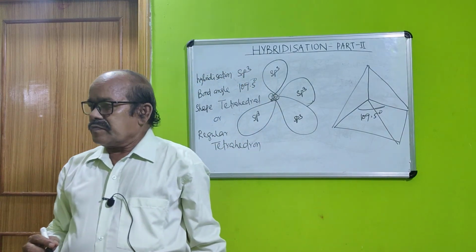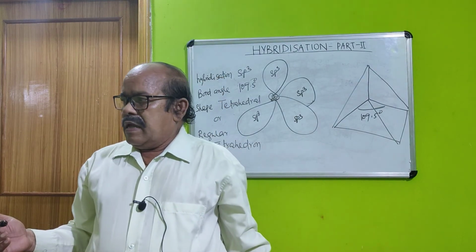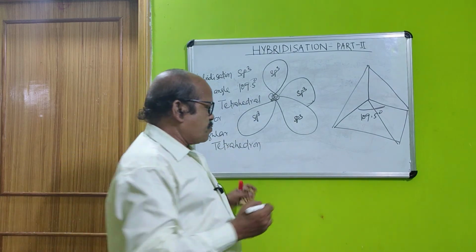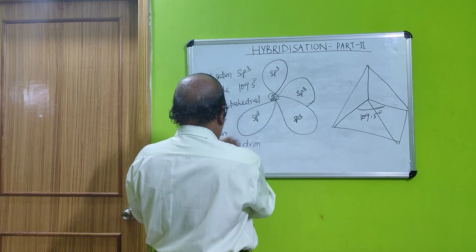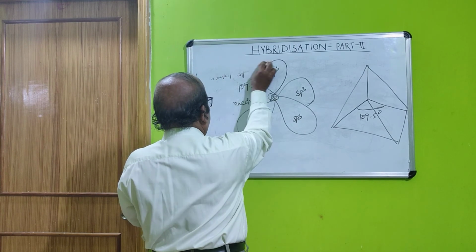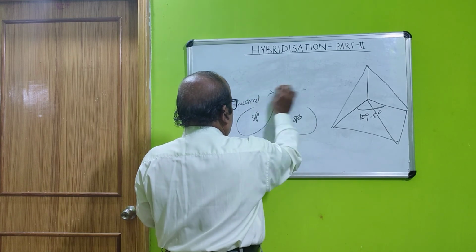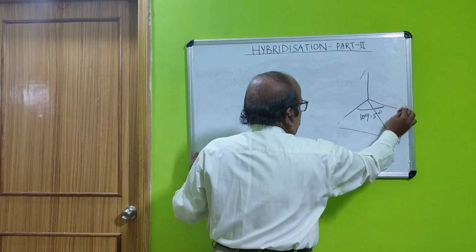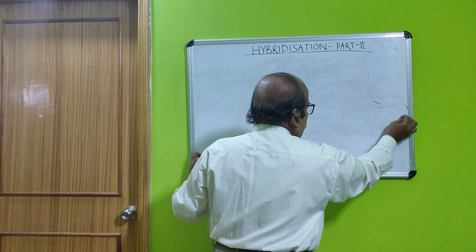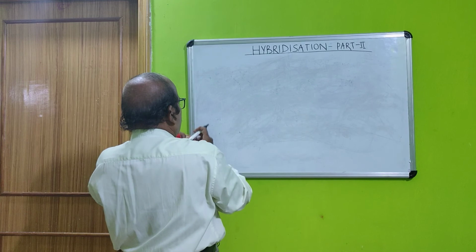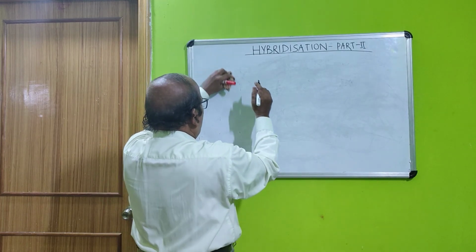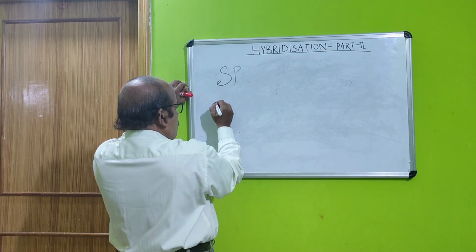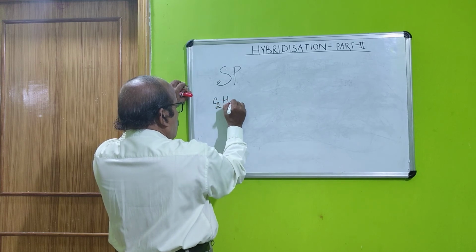Now I want to tell you the individual examples of sp. For sp, I shall tell you the shape of C2H2.